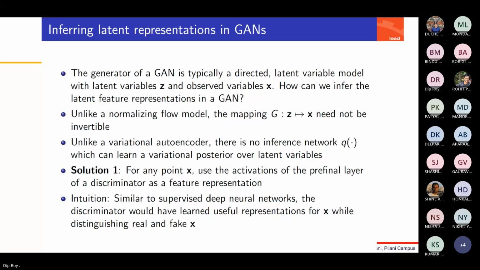All right. So now the next question that comes to our mind is, can we do inference here? We have talked about generation and discrimination, and about how to make sure that both the samples are generated from the same distribution.